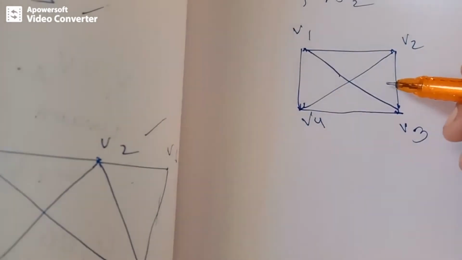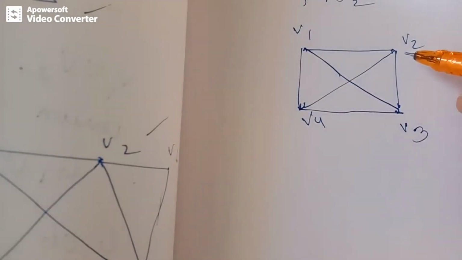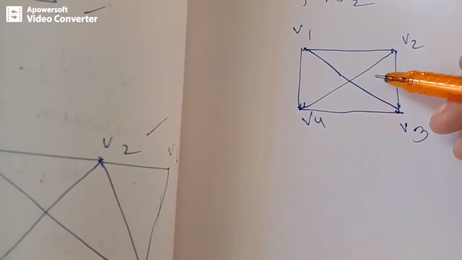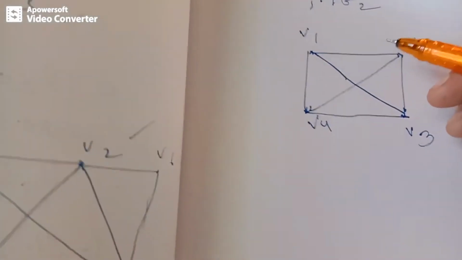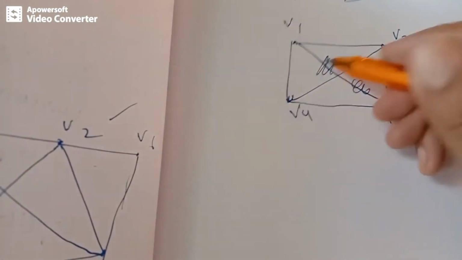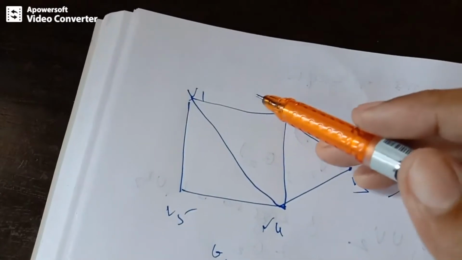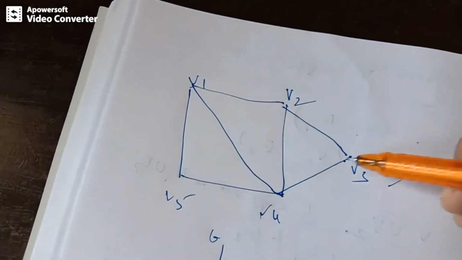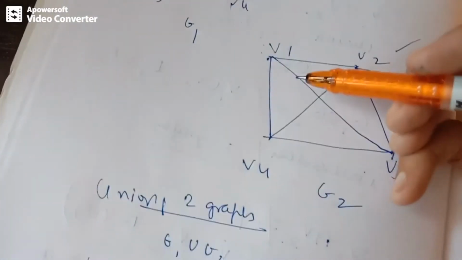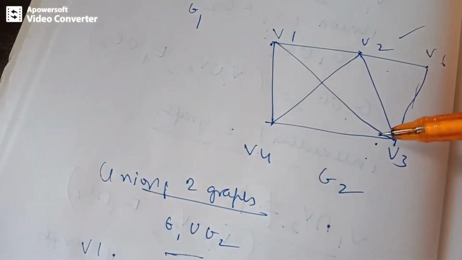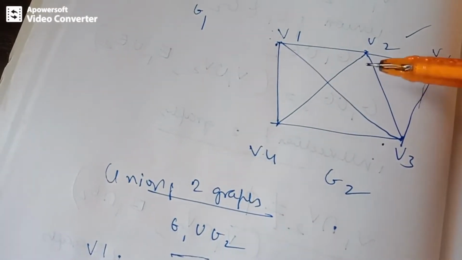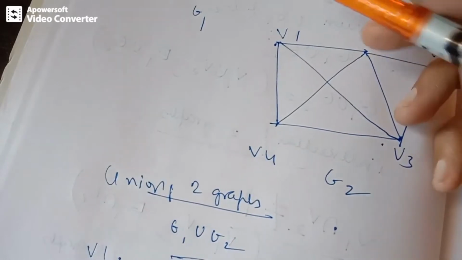I should not include this edge. Why? Because there is no edge from V1 to V3 in this graph, but there is an edge from V1 to V3 in this graph. I need to include only the edges which are common to both the graphs.